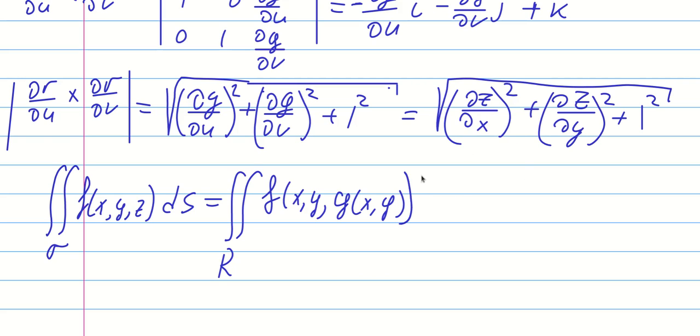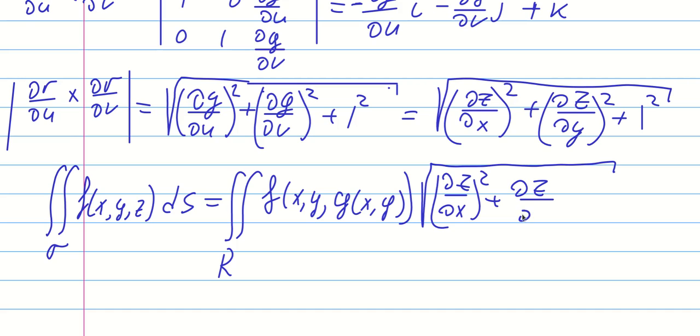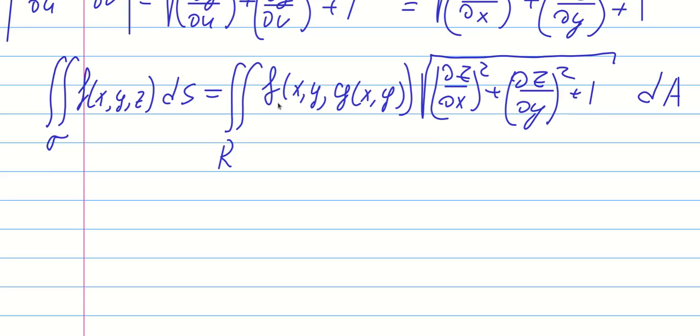And at the end we put a square root of dz dx squared plus dz dy squared plus 1, and at the end we have dA now. So the question is what is the region R? That's the only question that remains.